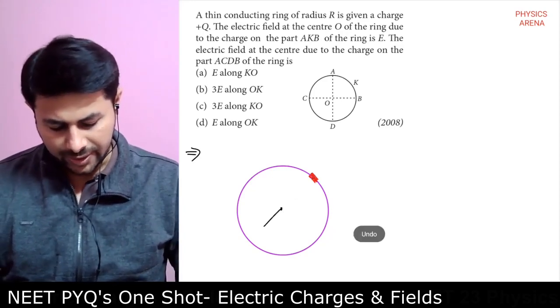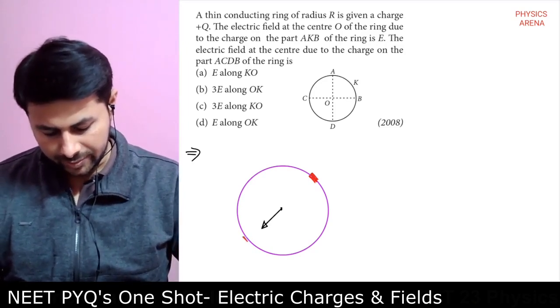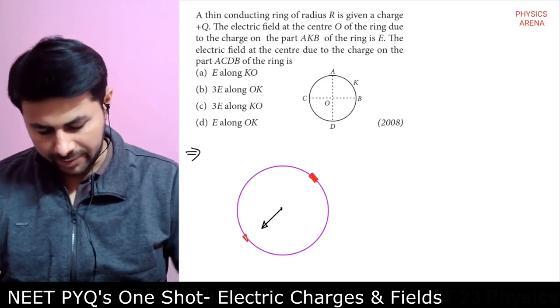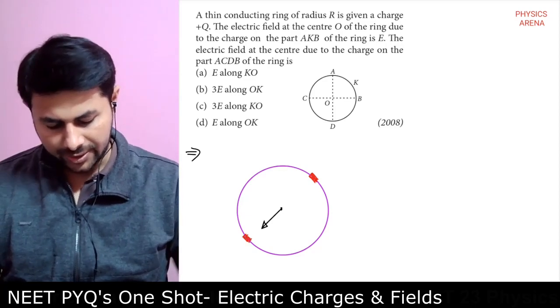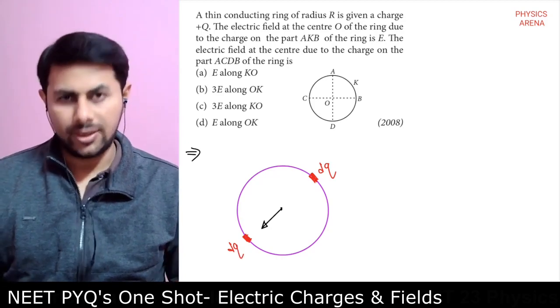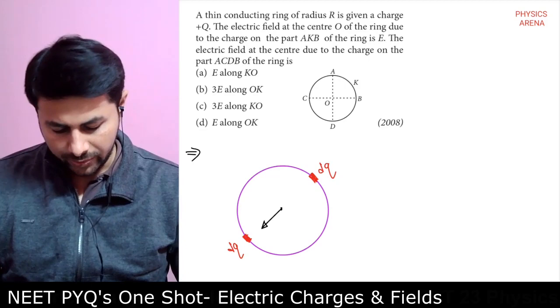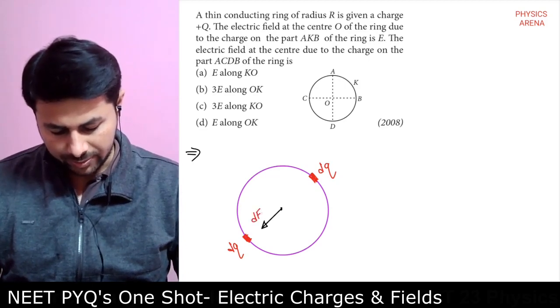But then you can consider a length element having the same length. That means the charge on this one and the charge on this one is equal. The charges are equal. Therefore, the electric field due to this one is, suppose, dE.